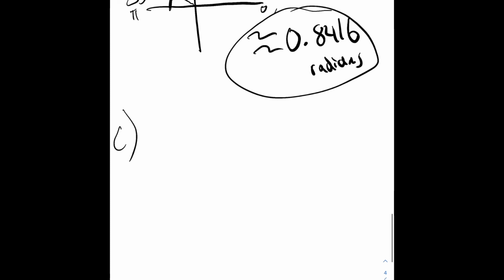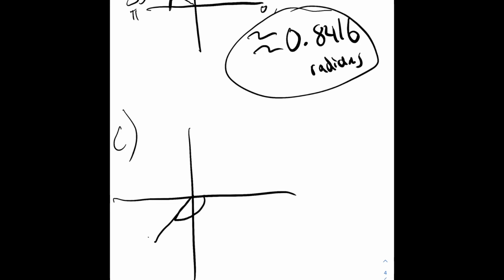So if I think about theta going 135 the other way, that's going to be right here. It's going to be located in quadrant 3. So this would be my reference angle, this extra piece.